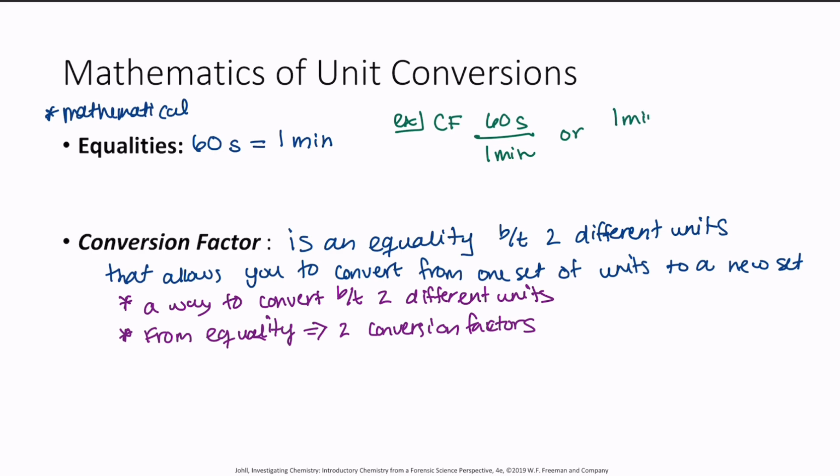I can have 1 minute on top and the 60 seconds on the bottom. Your problem that you're trying to solve, the units you're trying to convert between, will tell you which conversion factor you need to use.